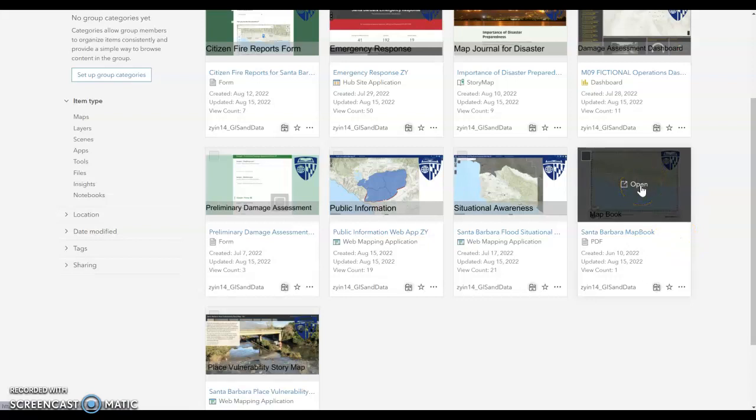My area of interest is the California Santa Barbara area, which is a high risk area for fire. So we first see the Santa Barbara map book, which tells the emergency management team and any related personnel, like rescuers and the people who want to know about the area.